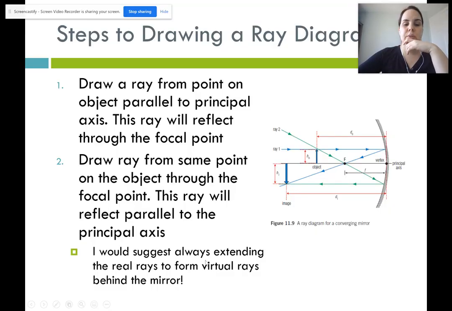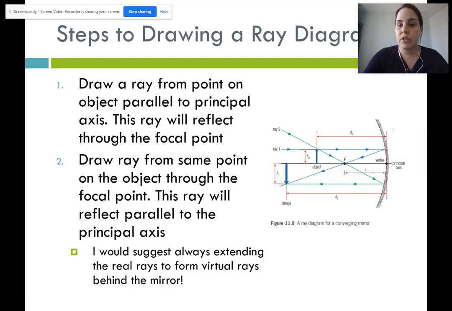It also says, I would suggest always extending the real rays to form virtual rays behind the mirror. Now remember, anything on the outside of the mirror is made of real rays, so it's made of light that actually hits that point. When the light goes here, it's actually going to bounce and come back. But we also know there are those things called virtual rays. Those are the rays that we perceive when we look inside the mirror that don't actually get there.